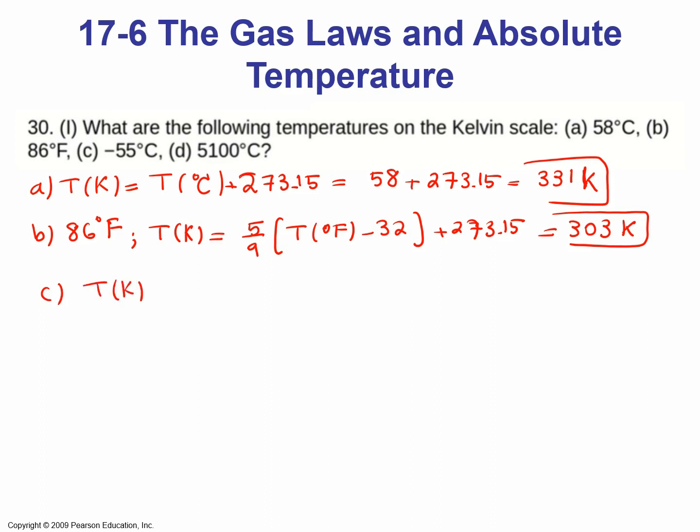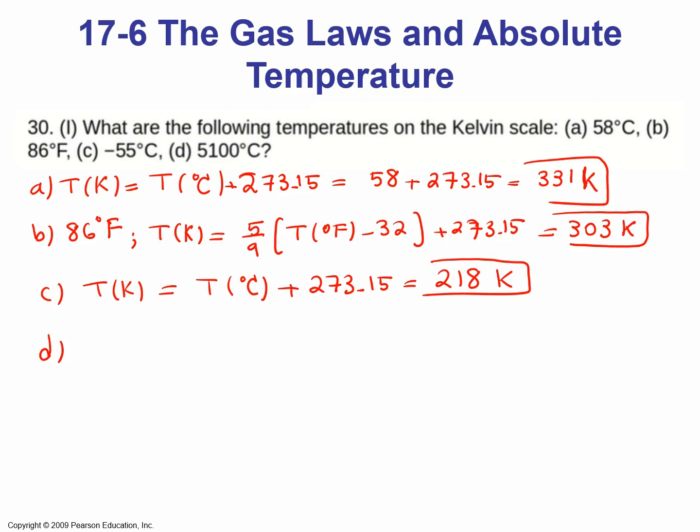Okay. For C, let's talk about minus 55 degrees Celsius. Temperature in Kelvin equals temperature in Celsius again plus 273.15, and this gives us 218 Kelvin. Okay.